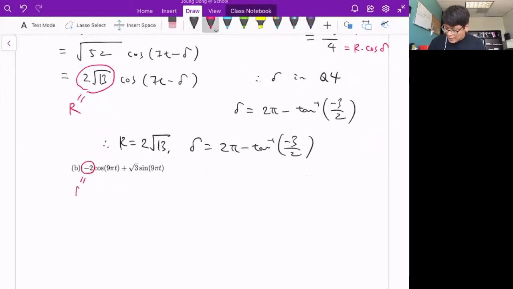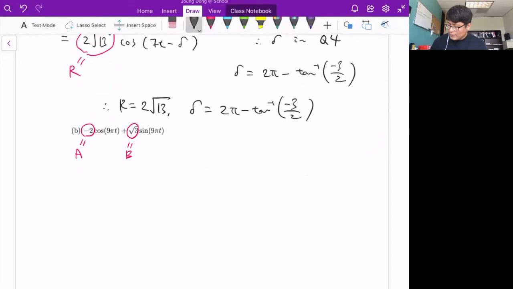The coefficient of cosine is A and the coefficient of sine is B, right? Then we can write this directly as R cosine of omega t minus delta, where omega is 9 pi.